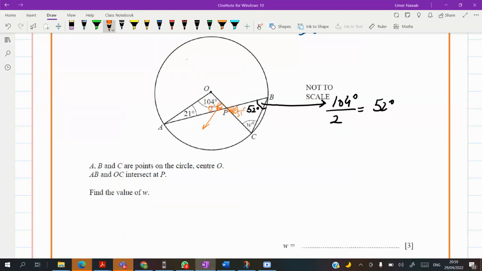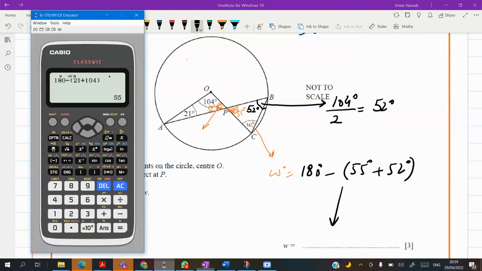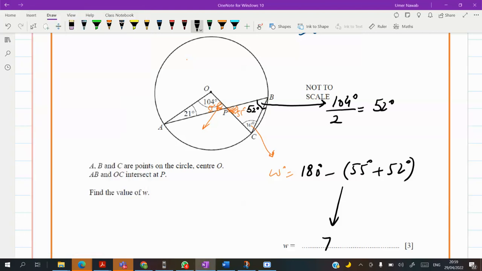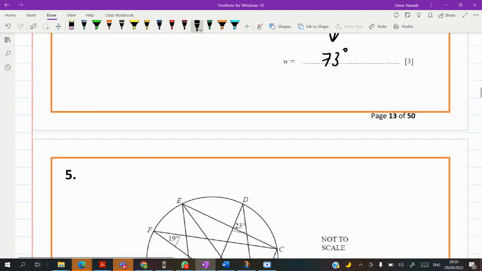So this has to be 55. I can easily find W. So W is equal to 180 minus 55 plus 52, and finally we get 73 degrees.